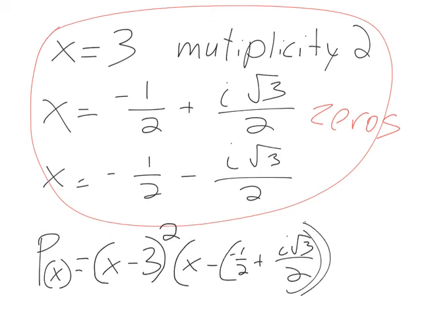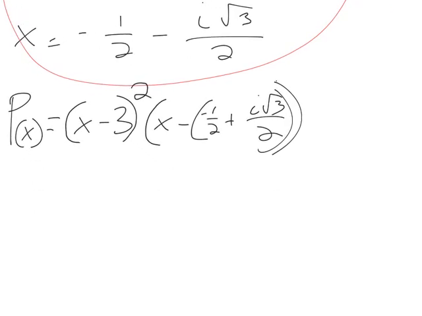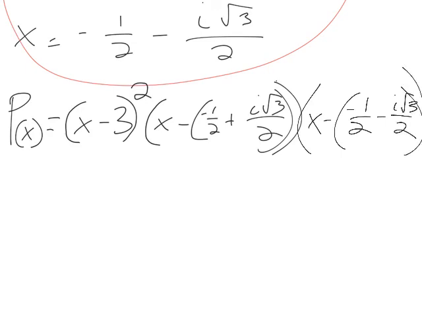And then, x minus negative 1/2 minus i square root of 3 over 2. Okay, if I clean those up a little bit, it'll be a little easier to write.